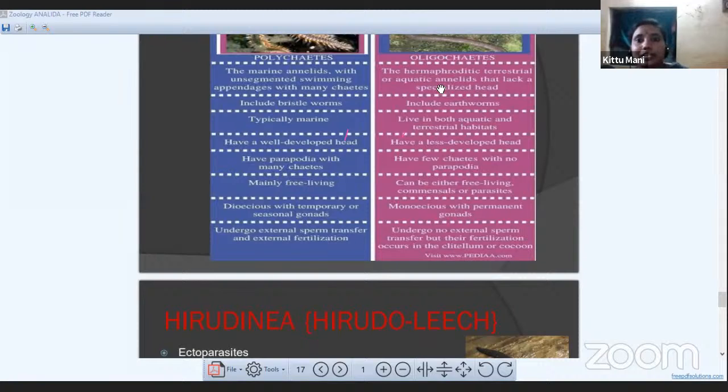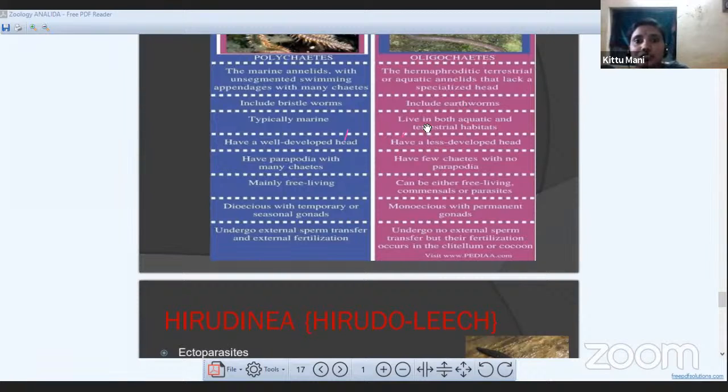They are terrestrial, meaning they belong to the land, and aquatic also. They lack a specialized head, but in the polychaetes we observe a specialized head. They include earthworms.